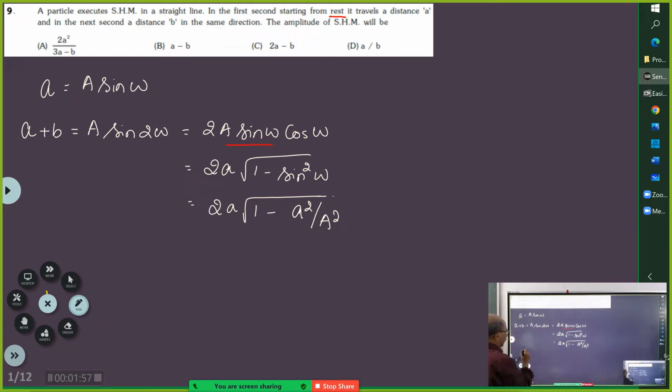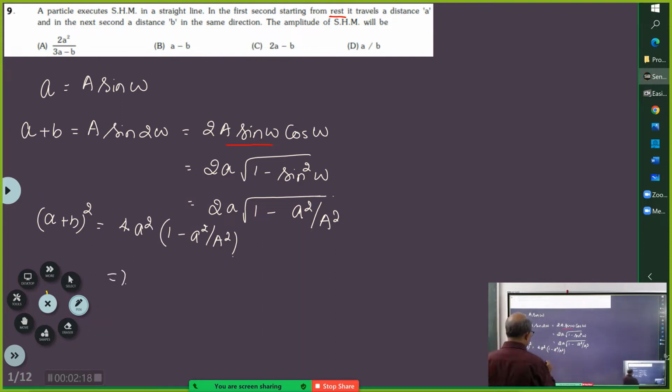So we have to filter out A. Therefore, we will do it like this: (a plus b) whole square is equal to 4a square into (1 minus a square by A square). So this implies that (a plus b) whole square by 4a square is equal to, we will quickly do the analysis here. 4a square will come down here, and I have to push this here.